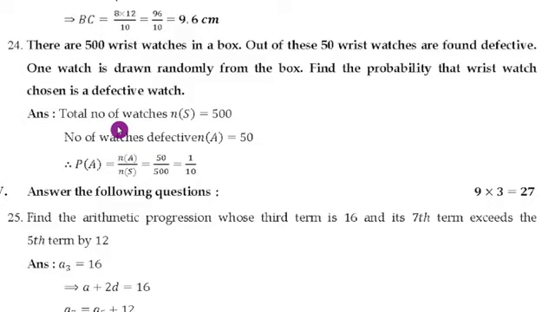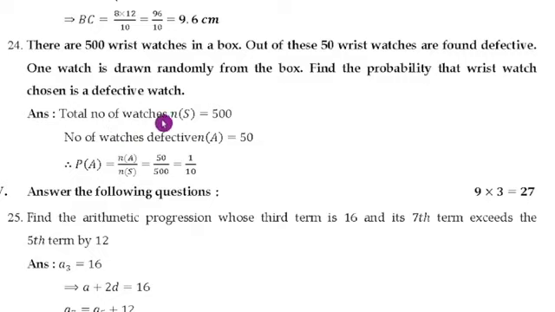In that, 50 wristwatches are defective. Okay? So randomly when they have taken one watch from the box, that will become a defective one. So find the probability that the wristwatch chosen is a defective watch.